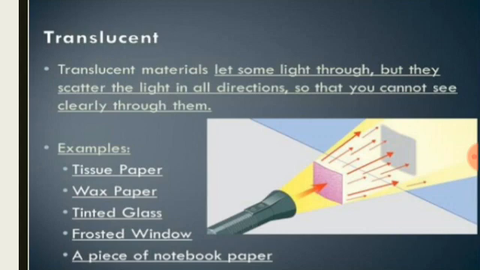Translucent materials are those materials in which you cannot clearly see anything, like tissue paper. Examples are tissue paper, wax paper, tinted glass, frosted window, a piece of notebook paper.